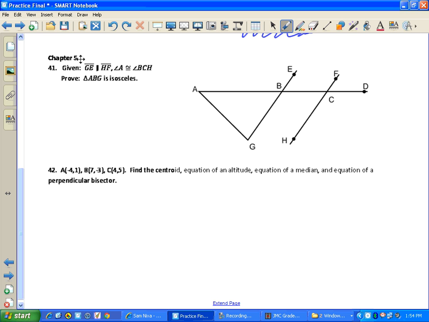Here's another proof. This is the beginning of chapter 5. So this one's basic. Chapter 5 is where we first started talking about base angles and properties of isosceles triangles and things.